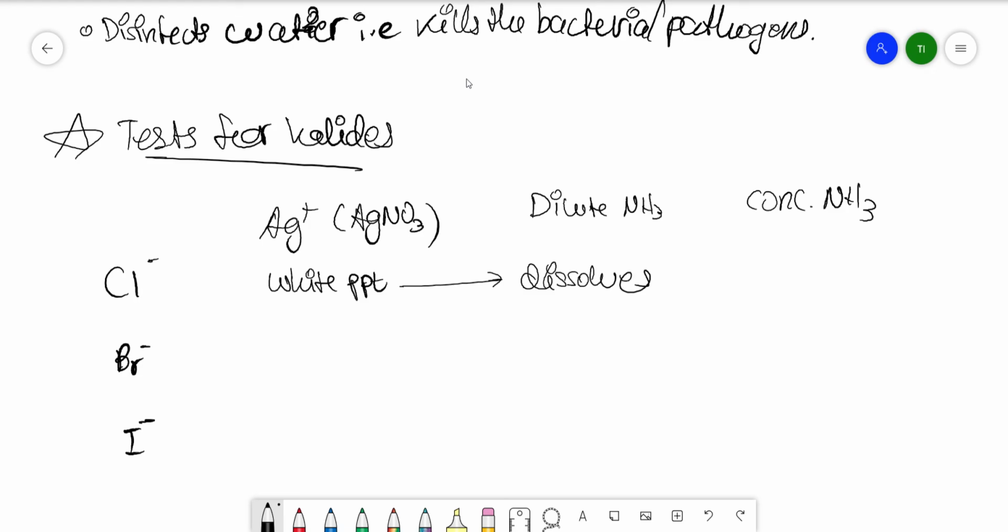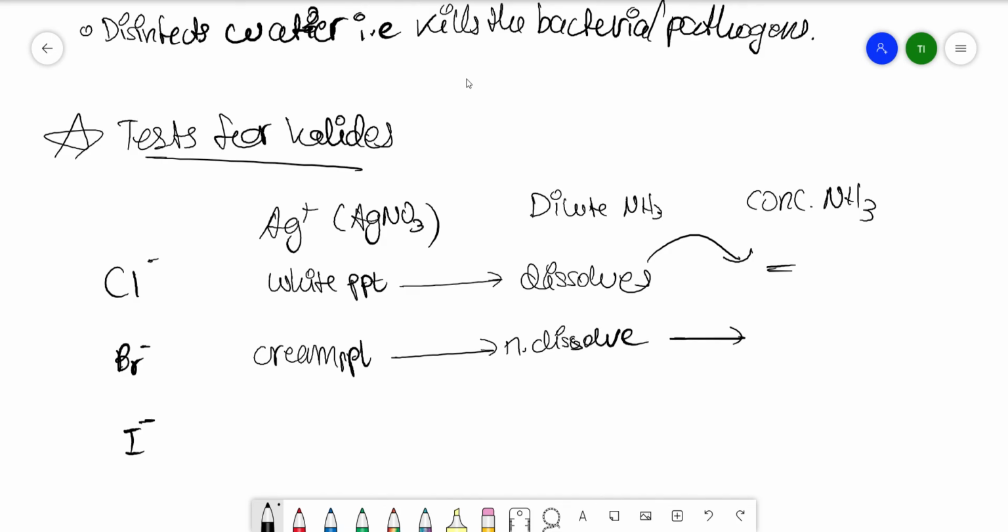It is the same, like if it dissolves in dilute, it will also do the same for concentrated NH3 or ammonia. For Br minus, a cream precipitate is obtained, which does not dissolve in dilute NH3, but it dissolves in concentrated NH3.